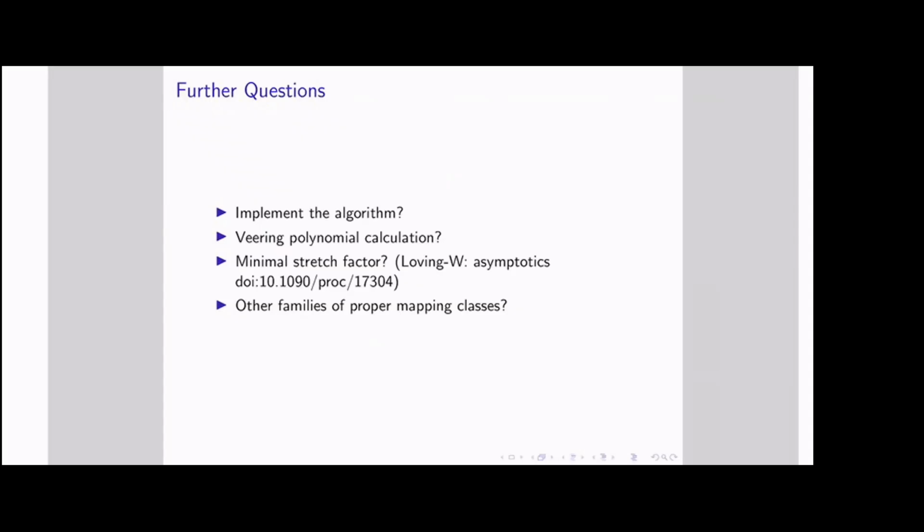In that case, there are some known results for low genus surfaces, and also some results on the asymptotics by Penner and other people. And there's a paper that I did with one of my collaborators, Marissa Loving, a while ago, where we also get analogous asymptotics for this minimal stretch factor for end-periodic surfaces.